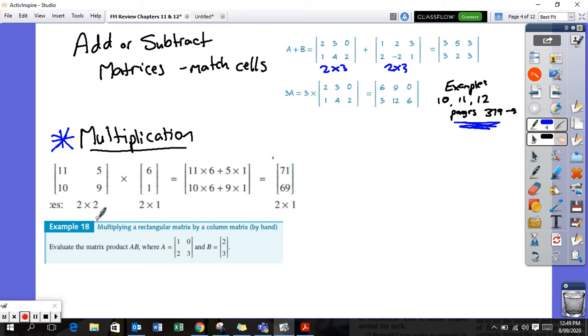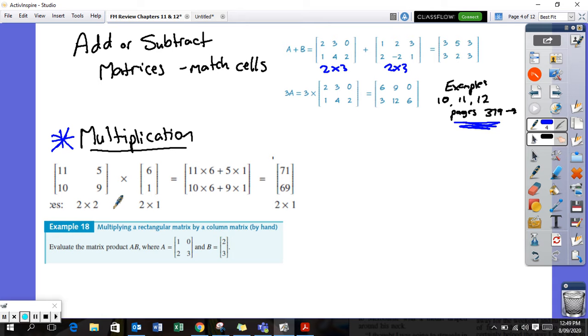So first of all, we need to be able to determine if a matrix can be multiplied. What's the word for it? If it's defined. Okay, so this matrix is a 2 by 2.